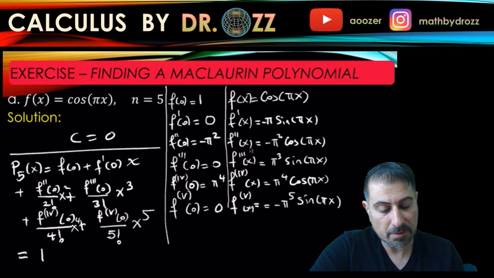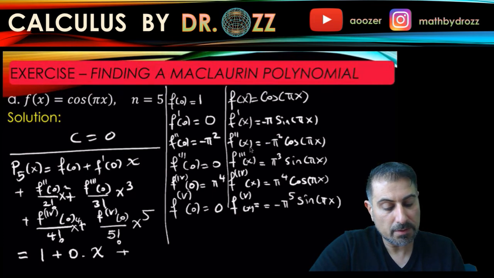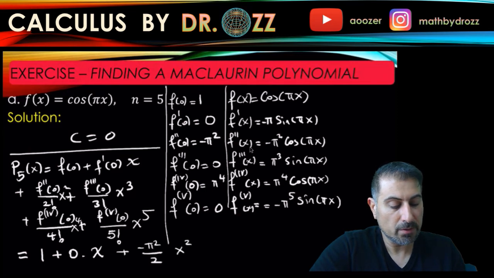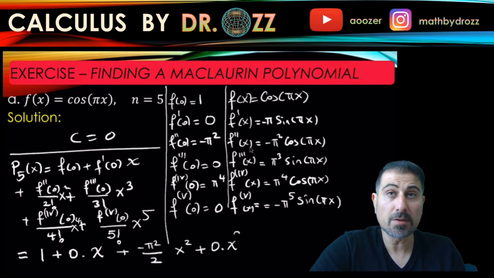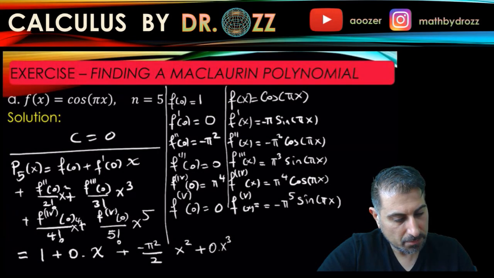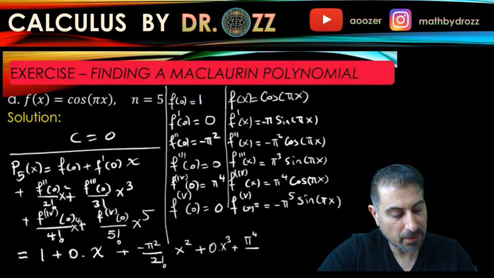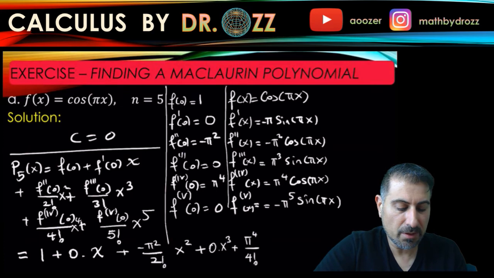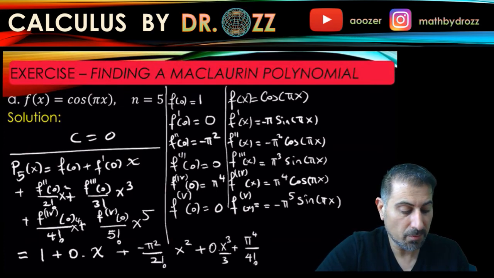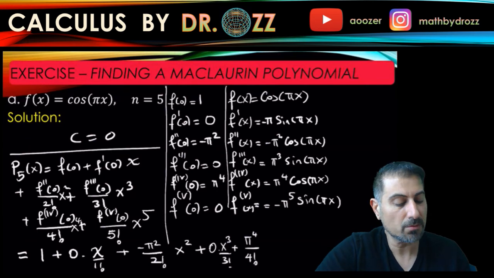I'm going to skip that term because it's 0, but if you want, I can write it for you to see: 0 times x, plus f double prime at 0 is negative pi squared over 2 x squared, plus 0 times x cubed, over 3 factorial, plus pi to the fourth divided by 4 factorial.